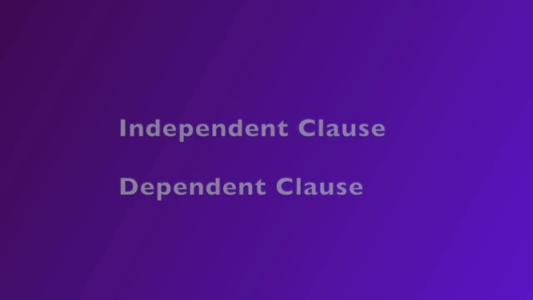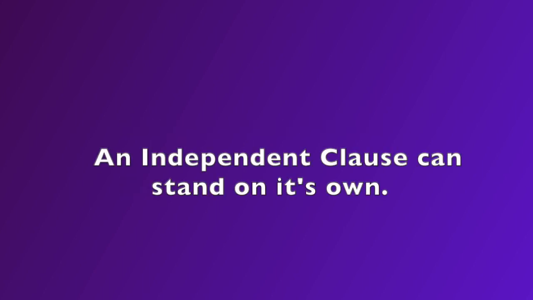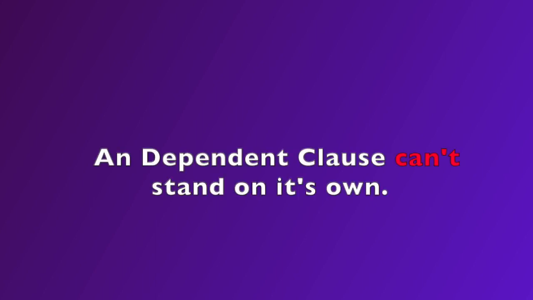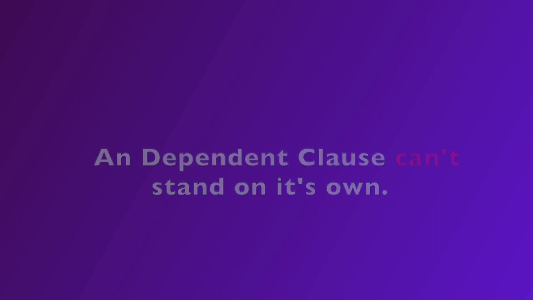Now, 2 clauses that you guys are going to hear very often will be the independent clause and the dependent clause. An independent clause is essentially a sentence that can stand on its own, whereas a dependent clause cannot. They both will have a subject and a verb, but again, one can stand on its own, the other cannot.